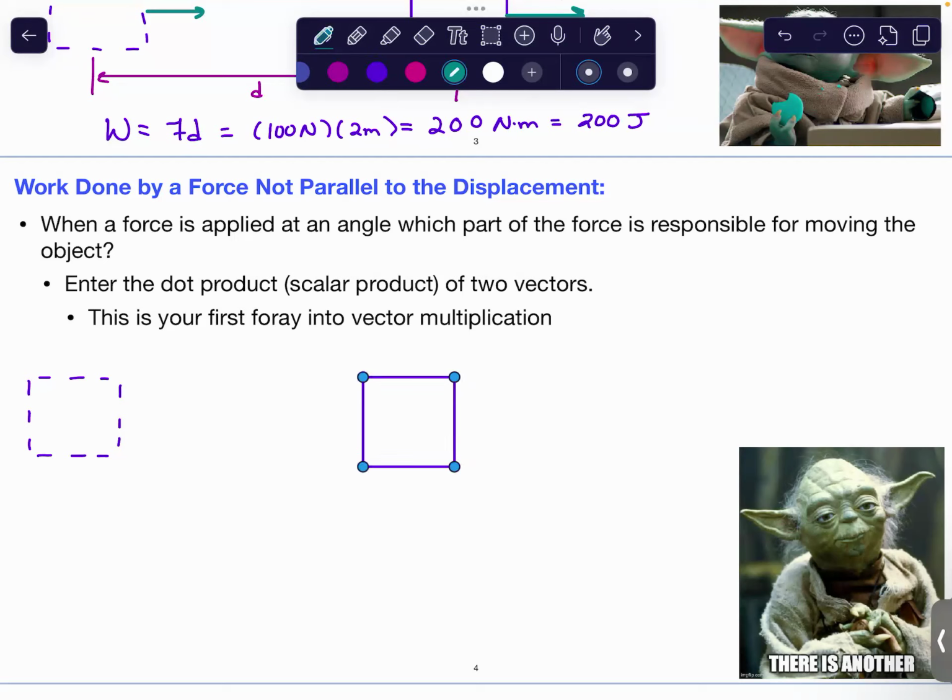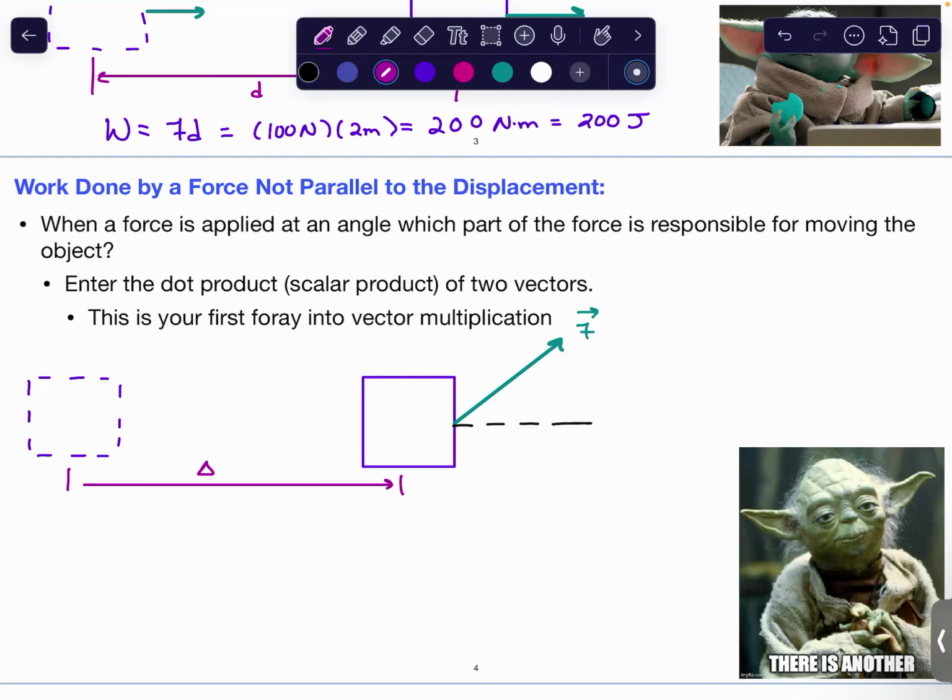This box was moved by a force at an angle, and it's going to be moved across the displacement, delta R. And here, theta.